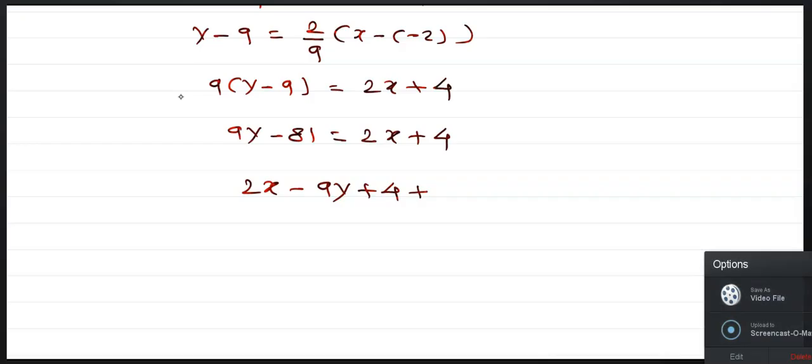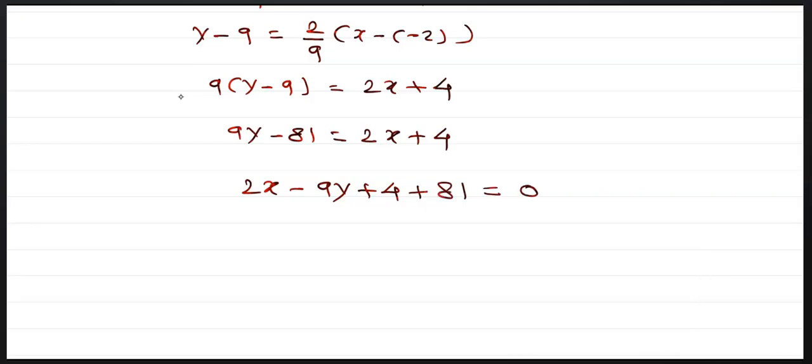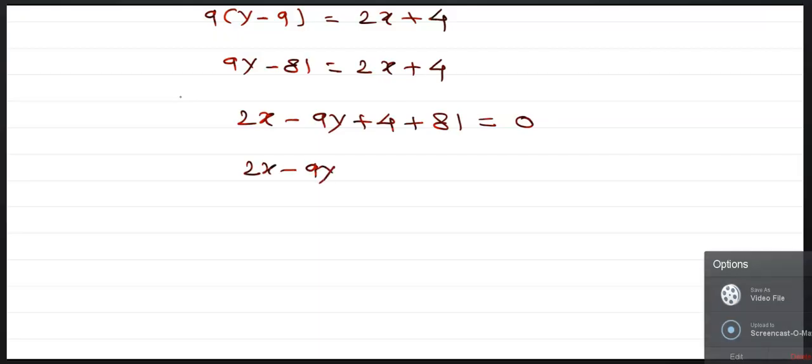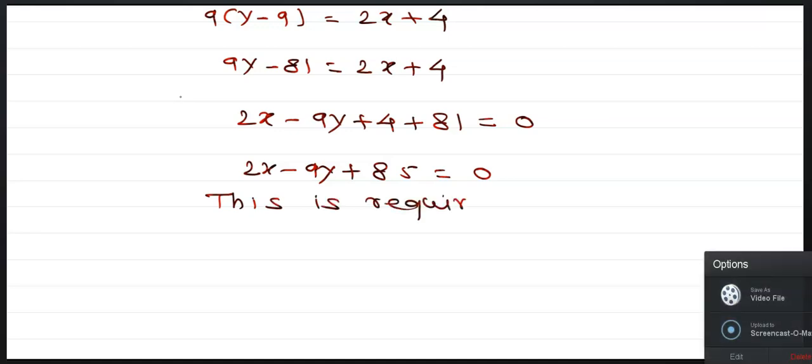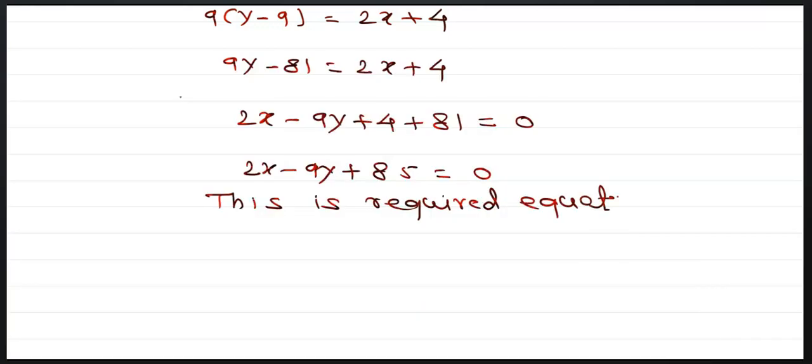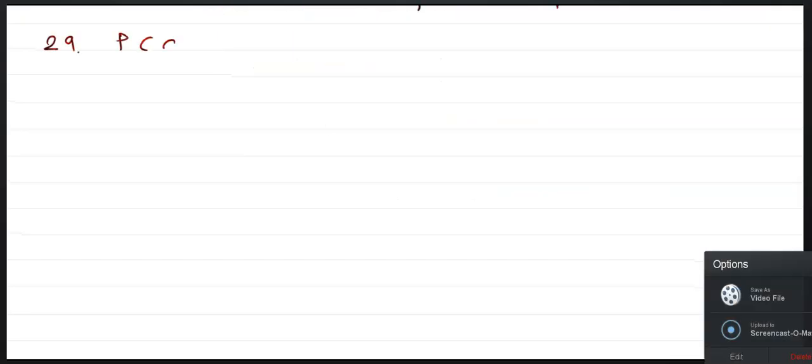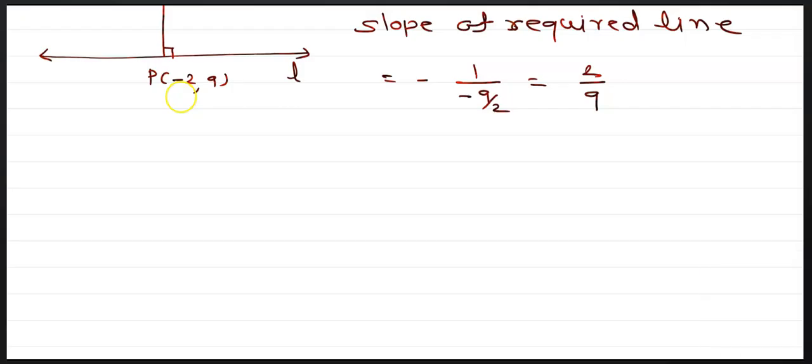Therefore 2x minus 9y plus 4 plus 81 equals 0. This is the simplification. 2x minus 9y plus 85 equals 0. This is the required equation. Or again you can see this.